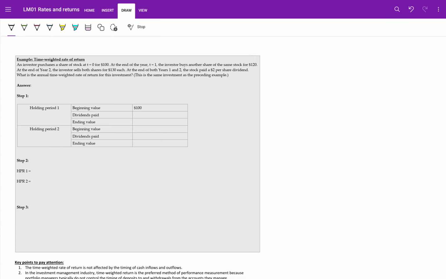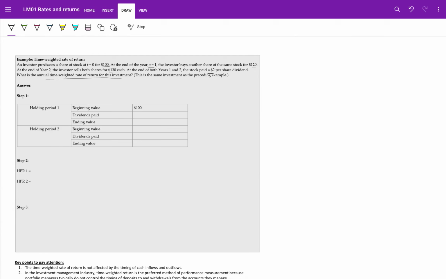Investors purchase the stock for $100 at time zero. At the start of year one, T1, the investor buys another share for 120, and at year two, the investor sells both of these shares for 130. Both year one and two, the stock paid $2 dividend. What is the annual time weighted rate of return for this investment?